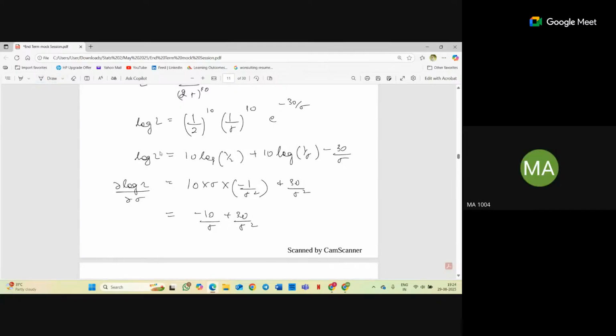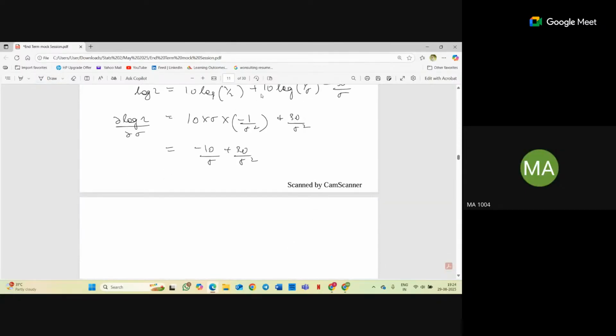Okay, so the first thing is I would be differentiating 10 log of 1 by sigma. First of all, I differentiate the log value, which gives 1 by (1 by sigma). Then I differentiate the inside part, which is 1 by sigma.